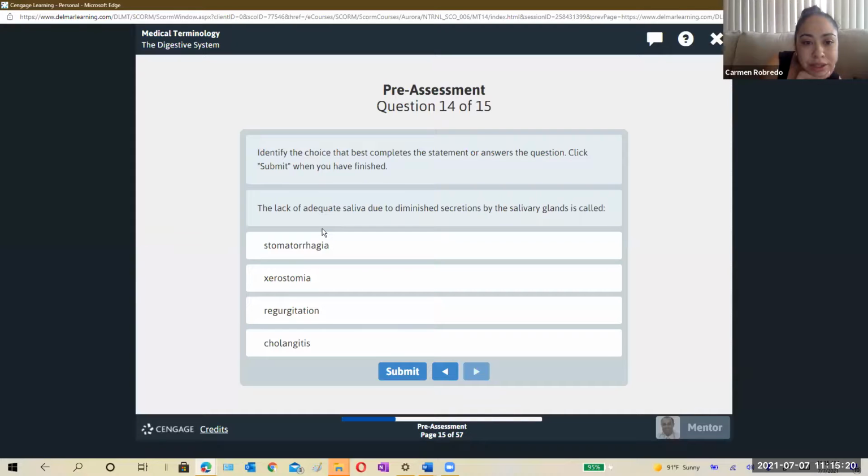Okay, the lack of adequate saliva due to diminished secretions by the salivary glands is called stomatorrhagia, xerostomia, regurgitation, or cholangitis.